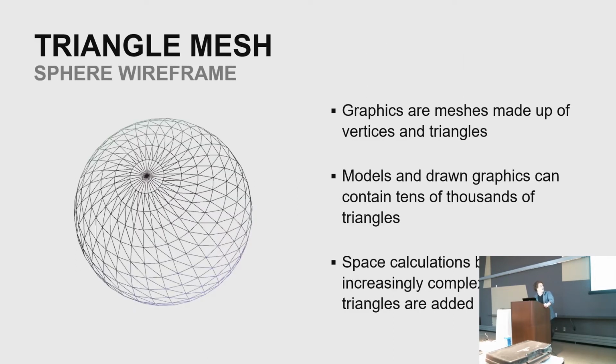Because I have more time to talk about bounds, I can actually talk about why we have them and get into the nitty-gritty of our graphics and how we deal with space. So here I have a triangle mesh, a sphere wireframe, and as you can see, the sphere is made up of a collection of triangles, different shapes. Triangles are perfect because they are the simplest shape, and when you use triangles together, you can create more complex shapes.